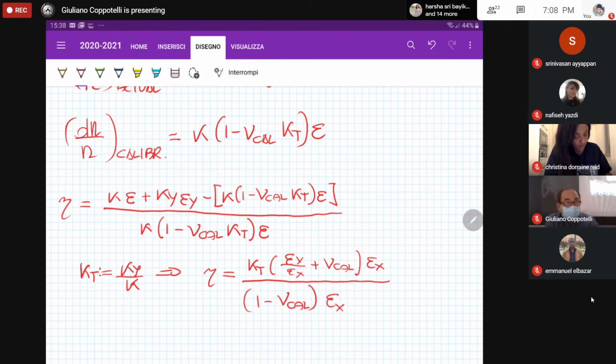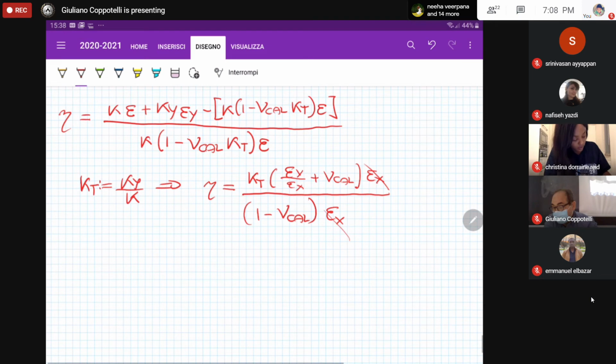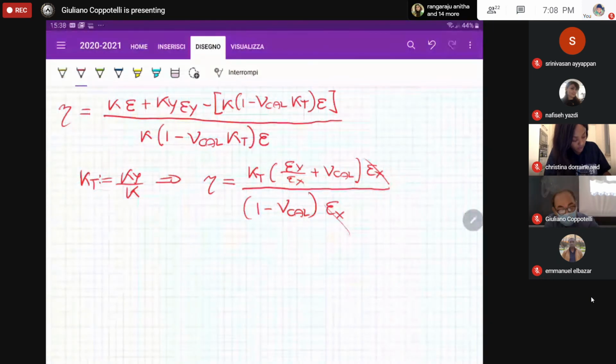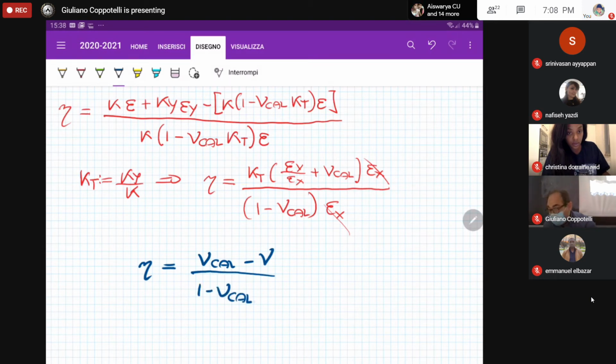Okay, I made some simplification along the way. So we can simplify this. And at the very end, what we got is that this error, eta, is going to be equal to the KT calibration minus actual value of the Poisson ratio divided by 1 minus KT calibrating times KT. Okay, that is the result.